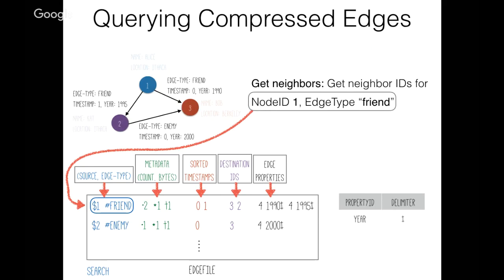And this is done using the Succinct search interface. Once we have the offset corresponding to the edge record using this search interface, we can extract the metadata corresponding to the edge record using a random access operation on the Succinct interface. And then once we have the metadata, we can directly jump to the destination IDs and extract the corresponding destination IDs using another random access query. And this is how a query may be executed on the edge data.